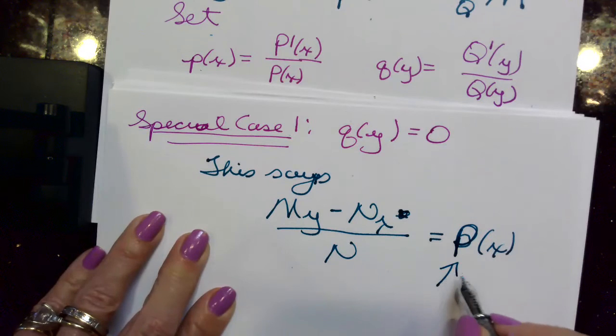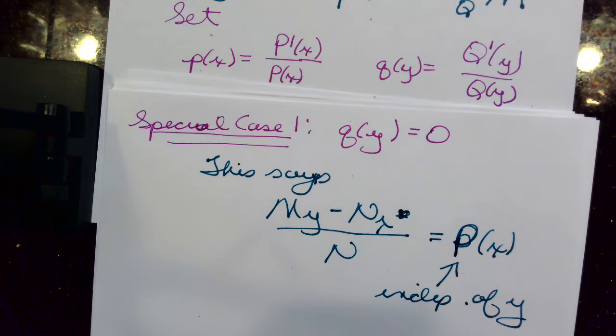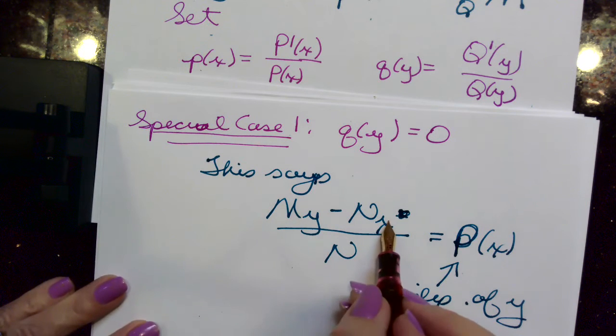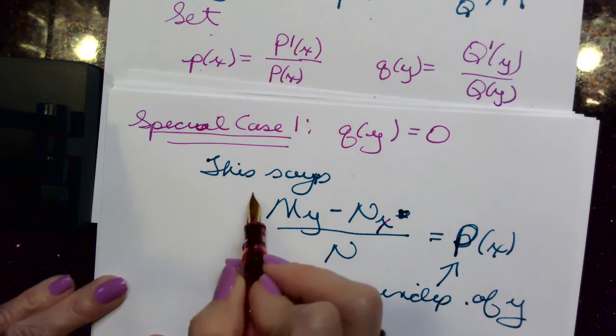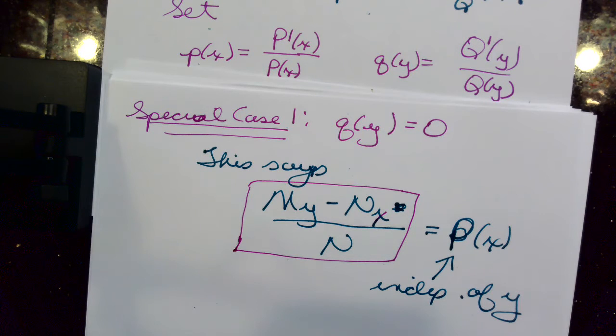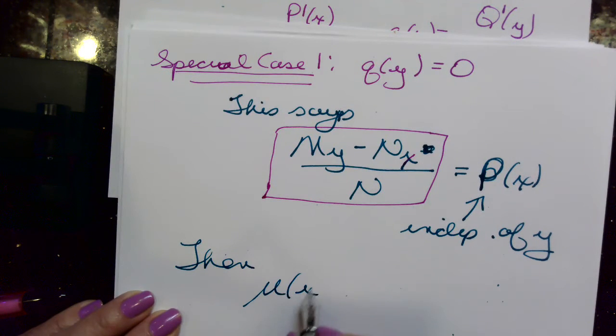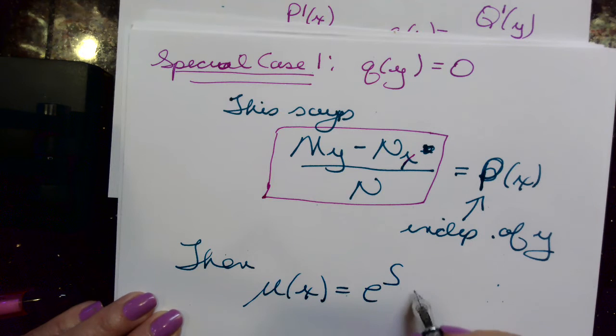In particular, it means this quantity is independent of y. So this special case means if you look at m sub y minus n sub x divided by n, if that is independent of y, then mu of x equal to e to the integral little p of x dx is an integrating factor.